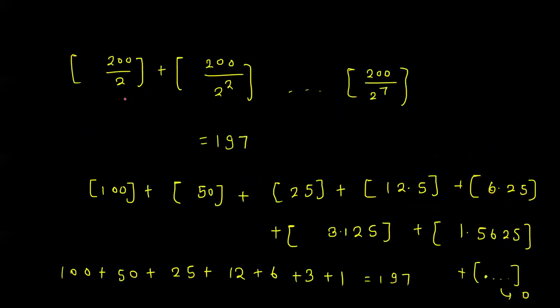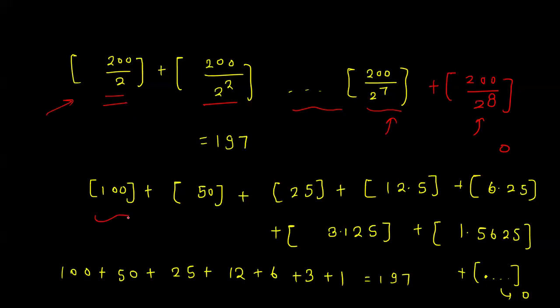So there is a formula like this. You take 200 divided by 2, the integer part, then 200 divided by 2 squared, integer part, then 200 divided by 2 raised to power 7, and so on, but the integer part will become 0 after that.